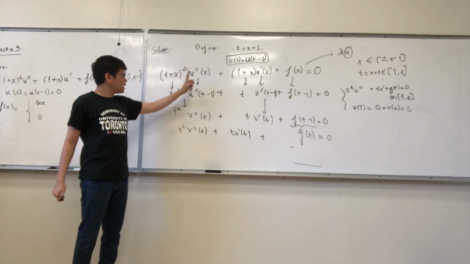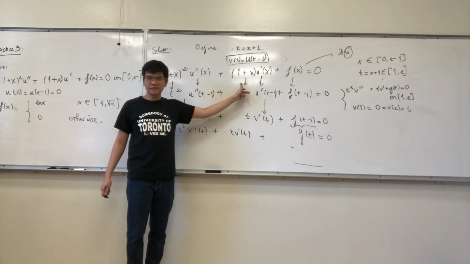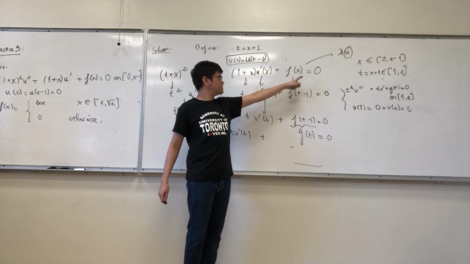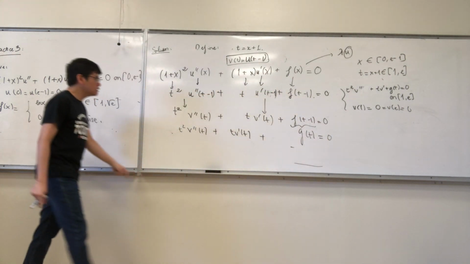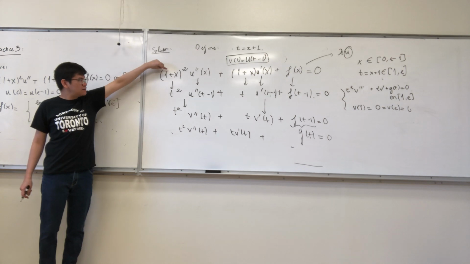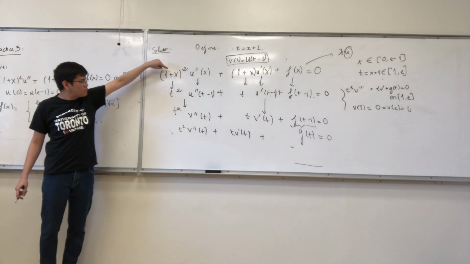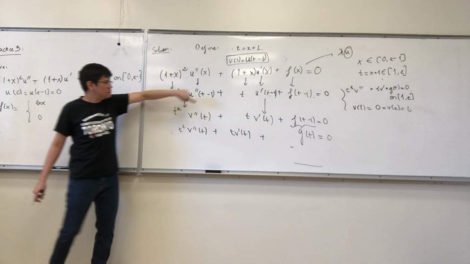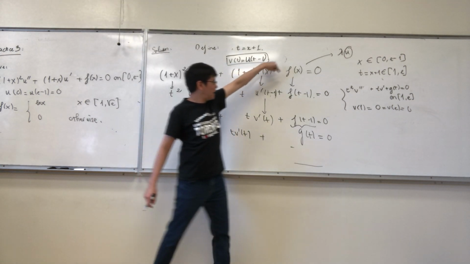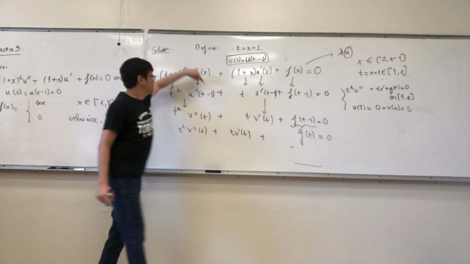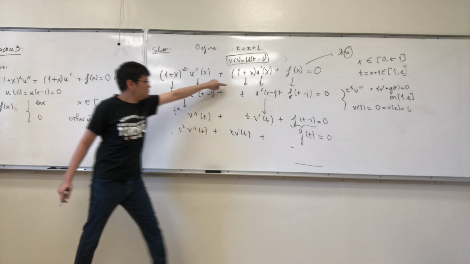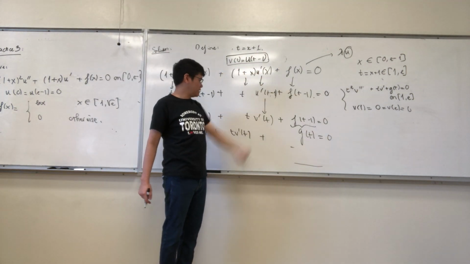I have (1 plus x) squared u second of x, plus (1 plus x) u prime of x, plus f of x is 0. All right? Now here I have 1 plus x, so (1 plus x) squared will be t squared, 1 plus x will be t, f of x will be f of t minus 1, u of x will be u of t minus 1, u prime of x will be u prime of t minus 1.